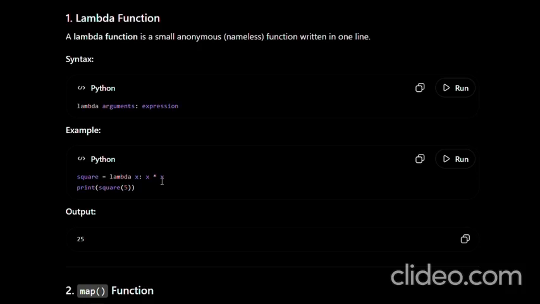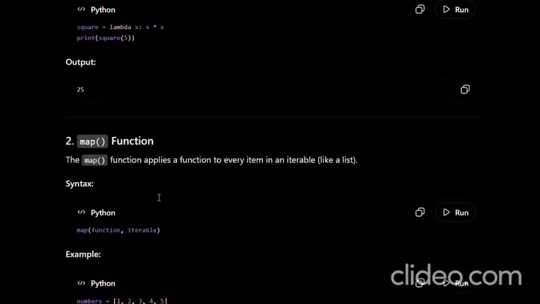So x will multiply with x and return x squared. So if we print square of 5, it will return 25 as the output. Lambda functions are used many times, so make sure you know how they work properly.